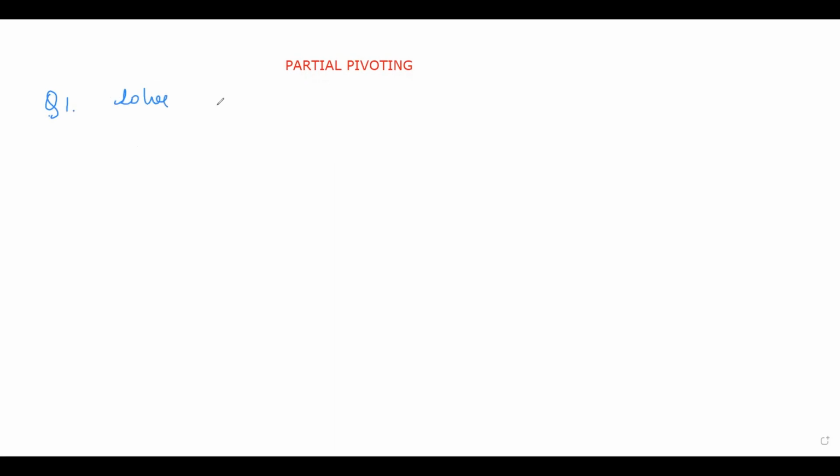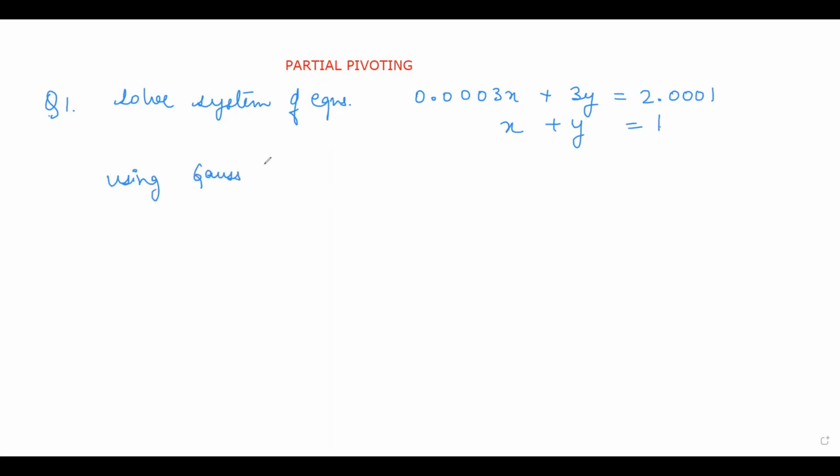Solve the system of equations, and the second one is x plus y is equal to 1, using the Gauss elimination method, with and without pivoting.